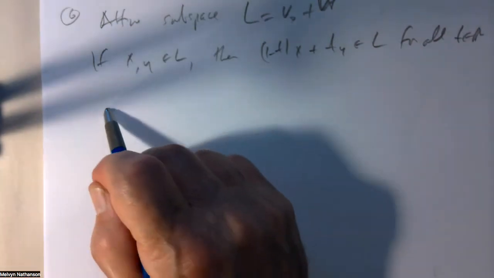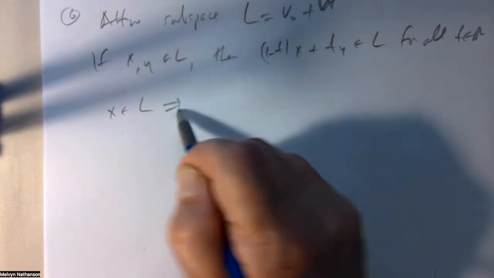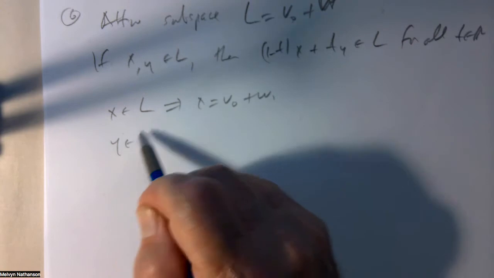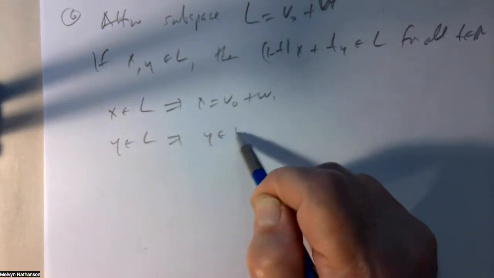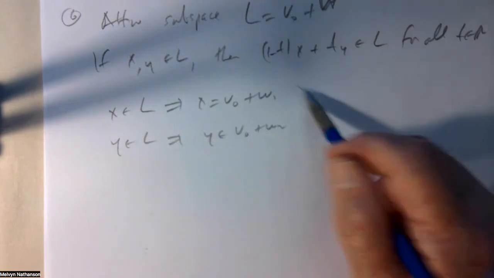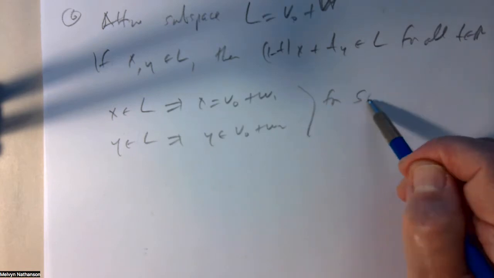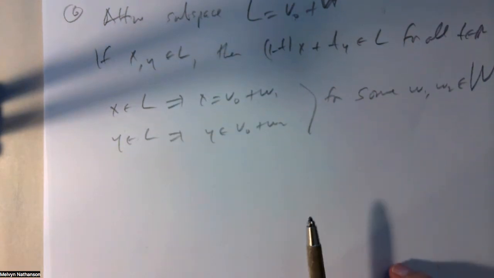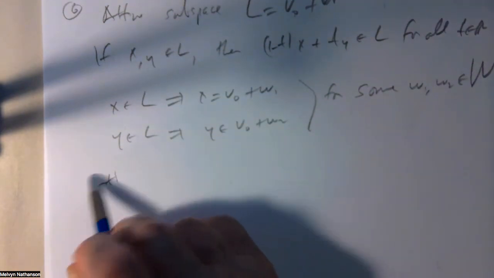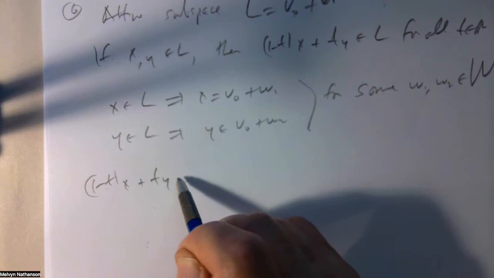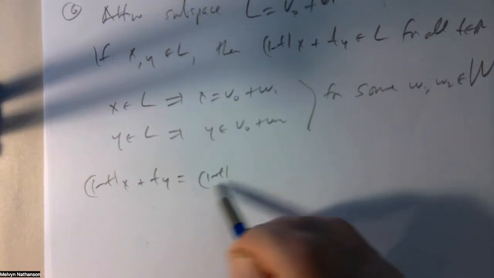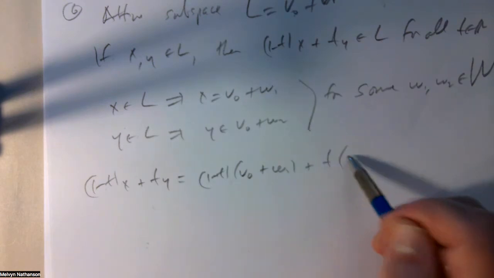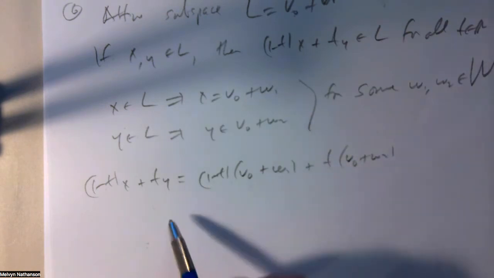So if X is in L, then X is V naught plus w1. And if Y is in L, then Y is V naught plus w2 for some vectors w1 and w2 in W. So if I take (1 minus t)X plus tY, that's (1 minus t)(V naught plus w1) plus t(V naught plus w2).